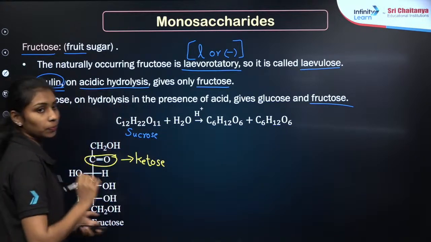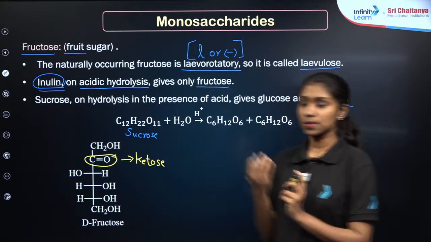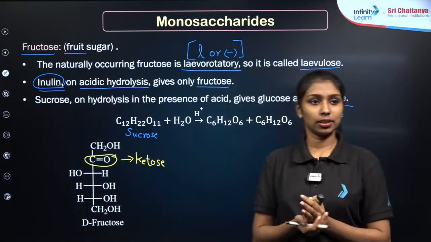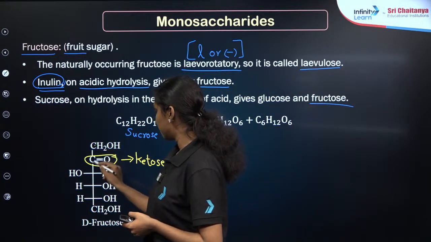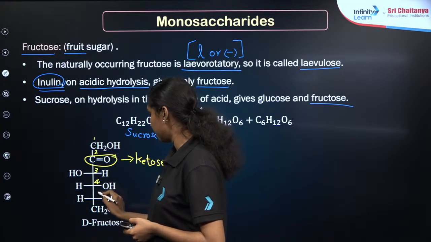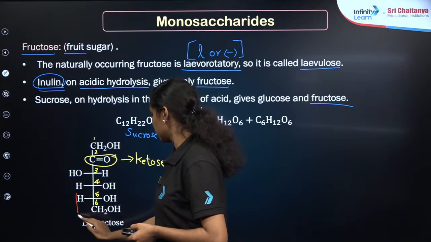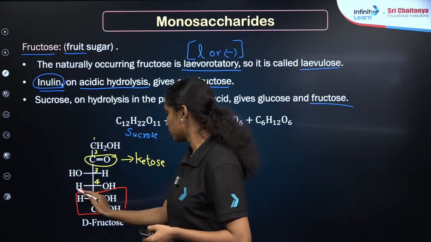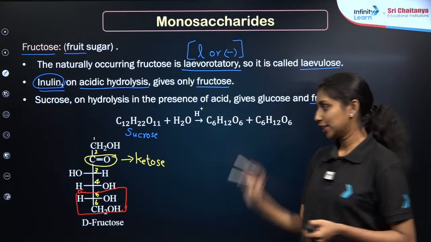Then what about the number? Just count the number of carbon atoms. Let me know whether it is a hexose, pentose, triose, tetrose, or anything else. Count the number of carbons. Yes, the number of carbons is 6.